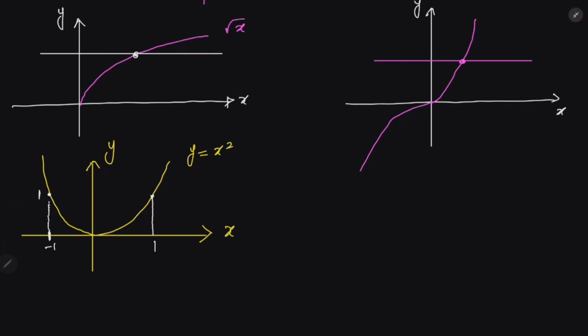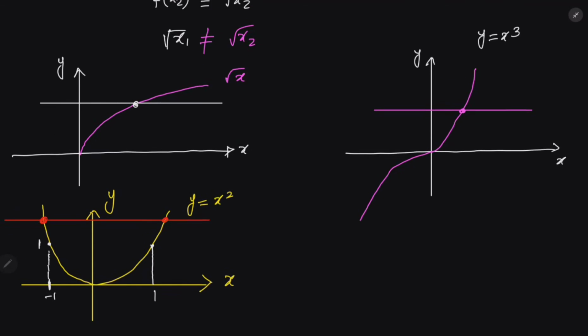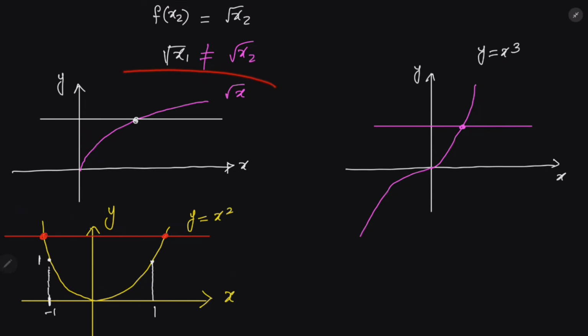If I draw it permanently like this, for example, this is the horizontal line, you can see that it passes through 2 points. So it means that if a horizontal line passes through 2 points on the graph, then that function is not one-to-one. Here you can see that the horizontal line was passing through only 1 point. Similar is the case with x cube.